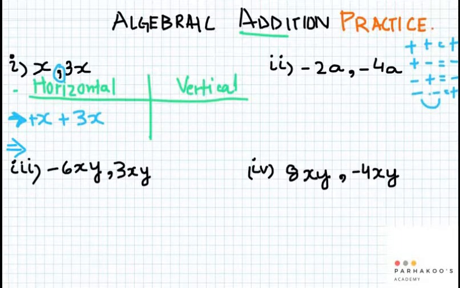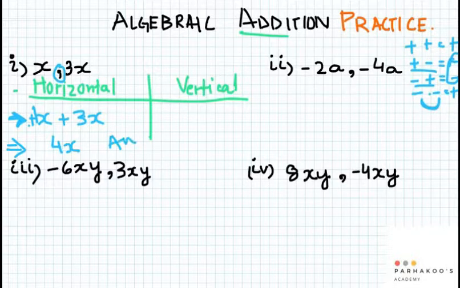The terms having the same signs, the operation that you have to do is addition, and if the two terms have opposite signs, then the operation you have to do is subtraction. So we have plus and plus, so plus plus is plus, so we need to add these two terms. If there's nothing, there's 1, so 3 plus 1 is 4x.